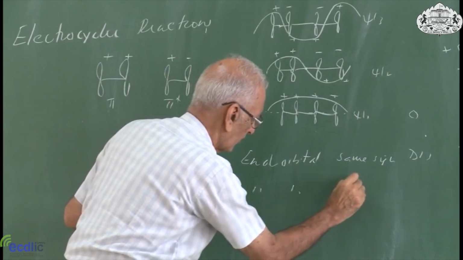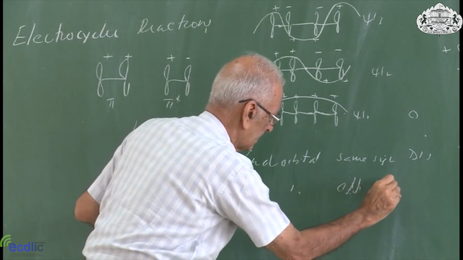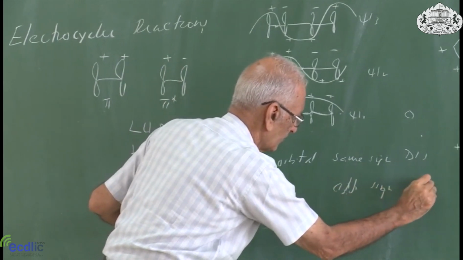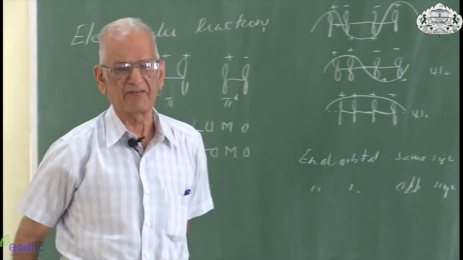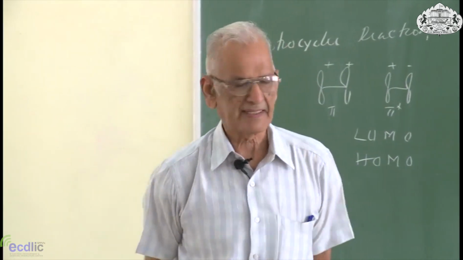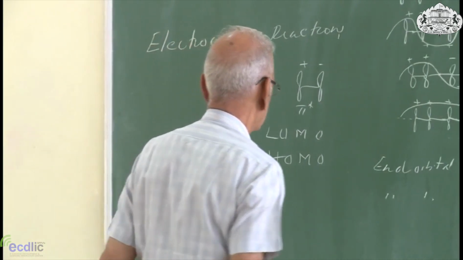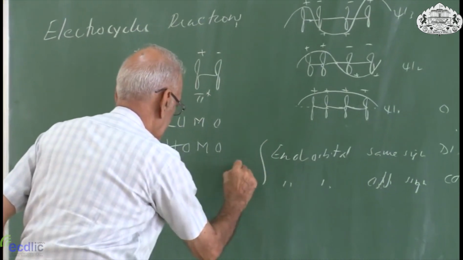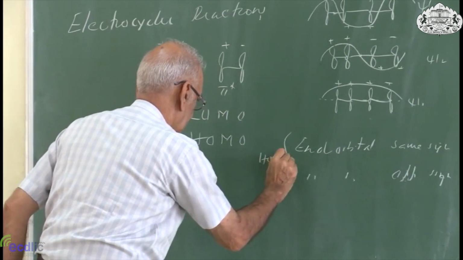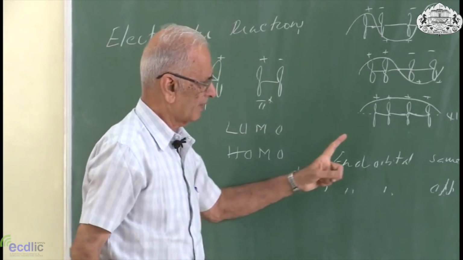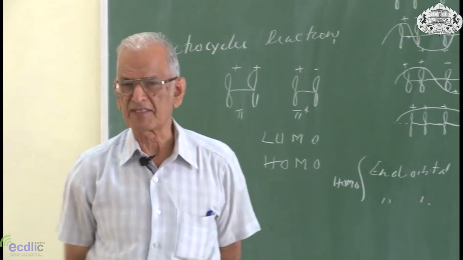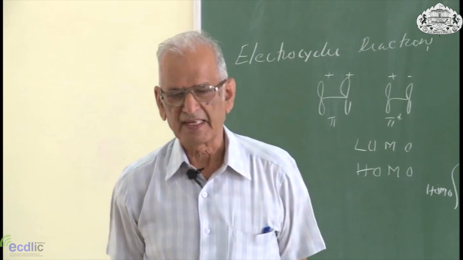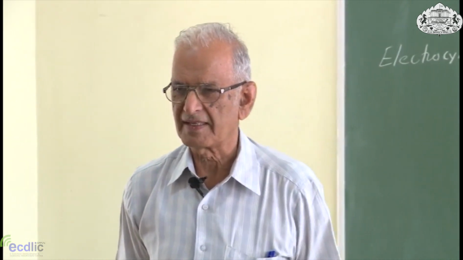End orbitals have opposite sign, reaction is going to be conrotatory. That is the picture that you see. If the highest occupied molecular orbital's end orbitals have same sign, reaction is going to be disrotatory. If they have opposite sign, reaction is going to be conrotatory.